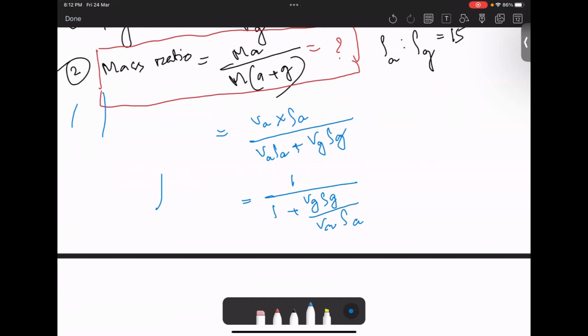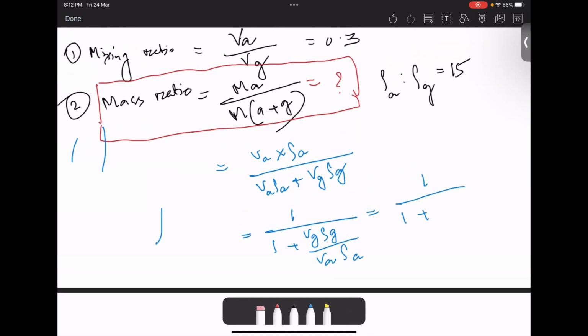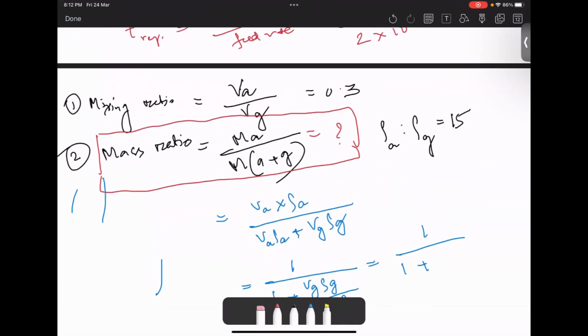Now, what has been given to you is the ratio of density of abrasives to density of gas. So plugging in that value, you have 1 by 1 plus the volume ratio of abrasives to gas, which is given as 0.3.